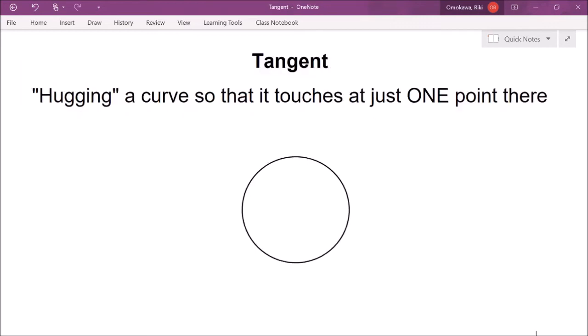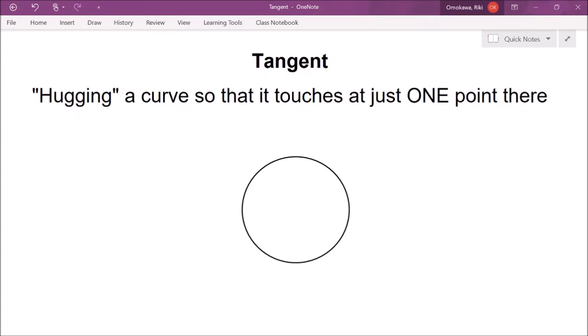When two things are tangent to each other, that means they're hugging each other, like a line hugging a curve, so that they touch at just one point. If a line is tangent to a circle, that line touches the circle at just one point.